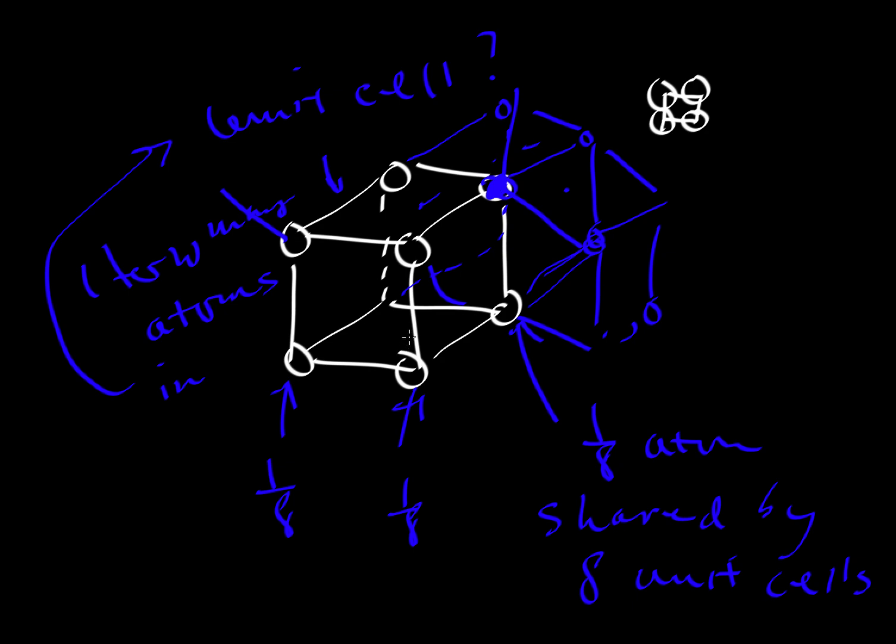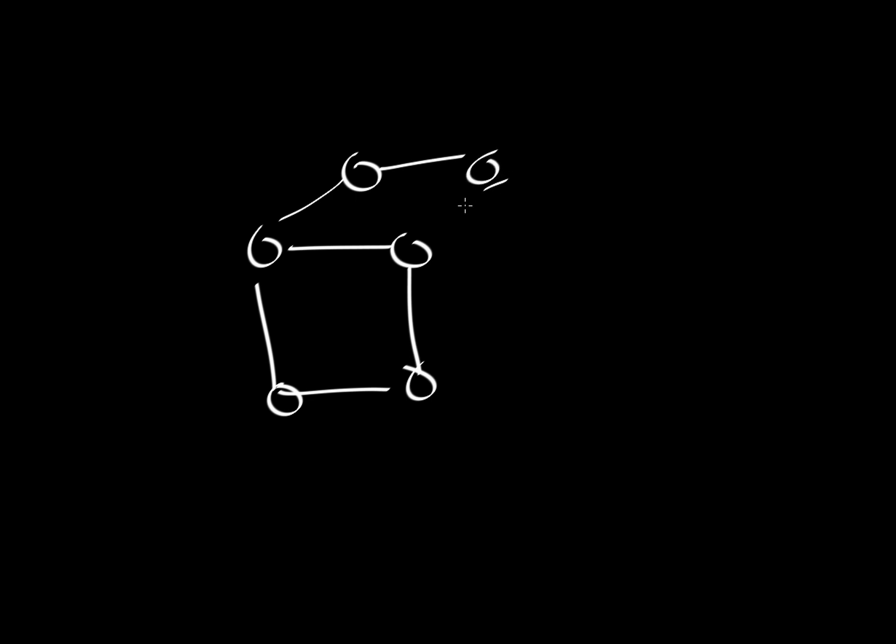So we started out, let's redraw it again. We started out with a unit cell that had 8 atoms. We'll just get rid of all the messiness we had for that illustration. But this is being shared by 7 other cells, in addition to this one.